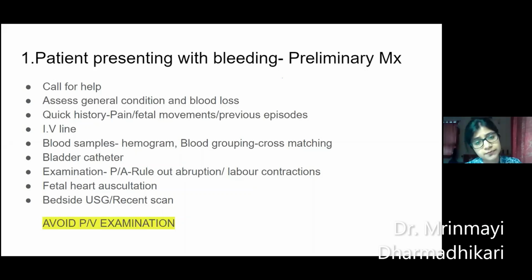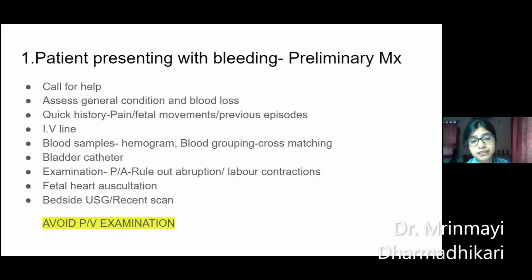A quick history: if there was any pain associated with the bleeding, whether there was history of decreased fetal movements or any previous such episodes with minor hemorrhage which stopped on its own. Okay, so this again points towards placenta previa. Secure an IV line, do your routine investigations, keep blood grouping and cross-matching ready. Bladder catheterization, especially in cases of massive hemorrhage.